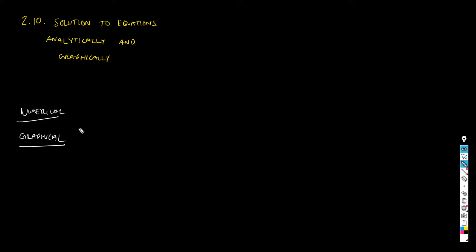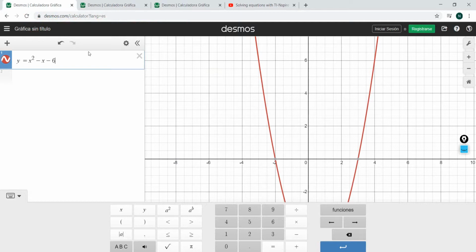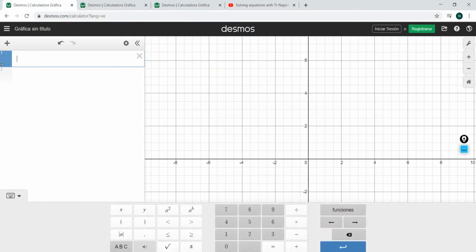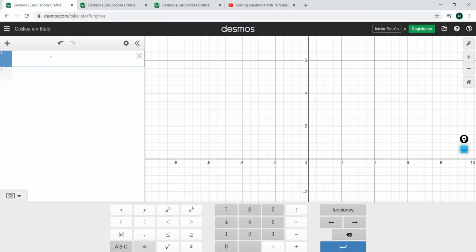Suppose that you have a graphing calculator, like Desmos, right? Like the one we use quite often. Any graphical calculator in which you can plot any equation, okay?